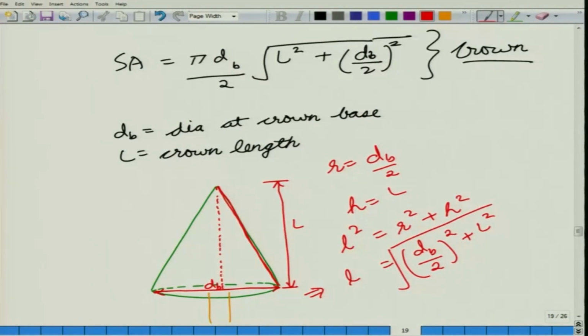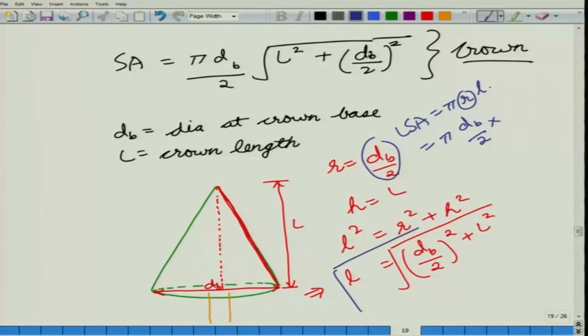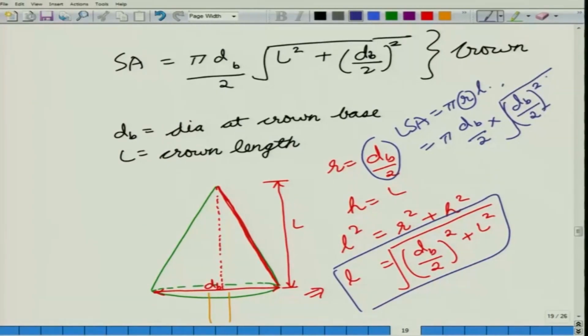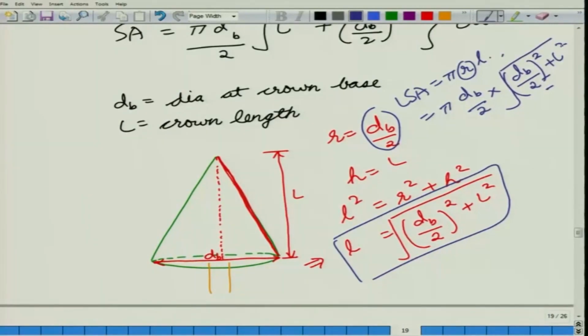Now the lateral surface area of a cone is given by pi r l. Putting these values, we have pi times dB by 2 times l, and this is the value of l, the square root of (dB by 2) square plus L square.